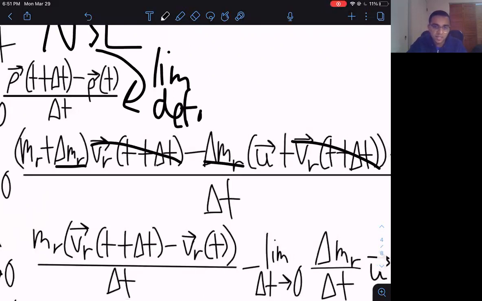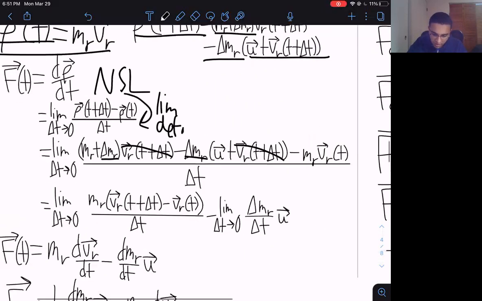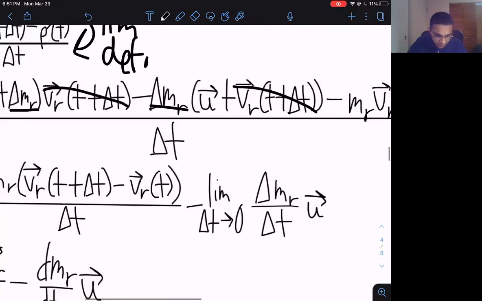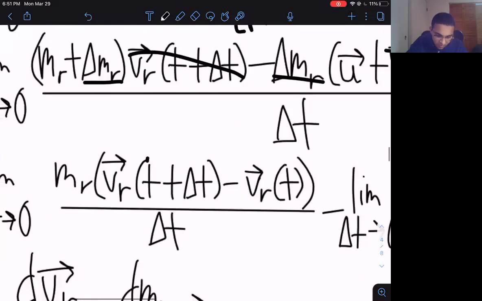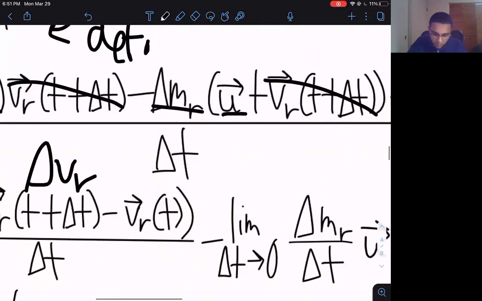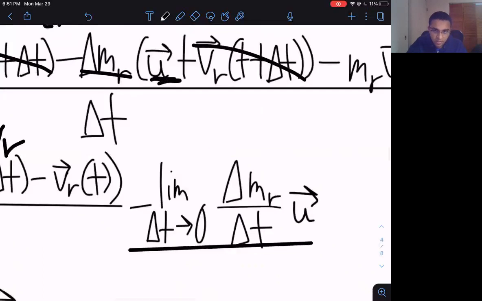That term is canceling out if you look really carefully on those parts of the expression. And then you have this m sub r times v sub r of t contribution, right? This negative, you subtract that there. And so grouping terms, this is like a delta v sub r term over here. So you have m sub r times this delta v sub r over the delta t. And then you also borrow this term over here and move it like there, right?